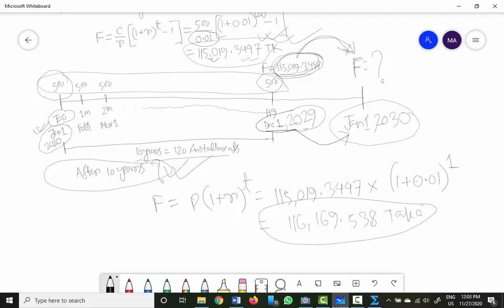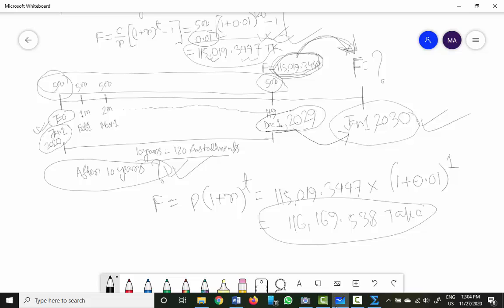So after 10 years, since the account started from January 1, 2020, if the question is asking how much will be in the account after 10 years, that means how much will be in the account at January 1, 2030. In that case, what do you have to do? You have to move this amount. This is now a single cash flow. You will need to move this amount 1 month forward.